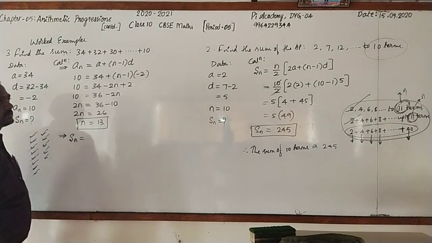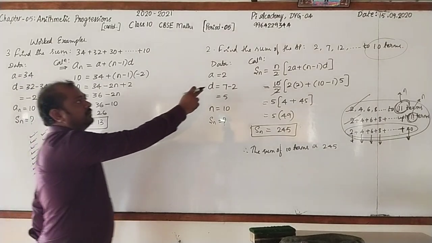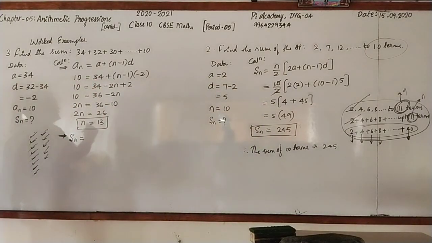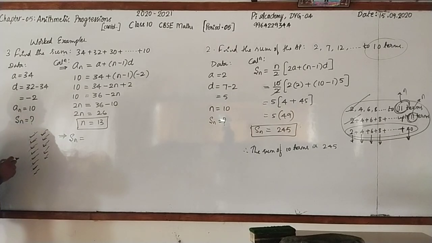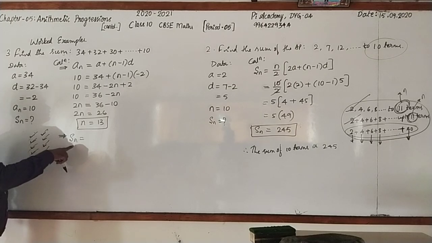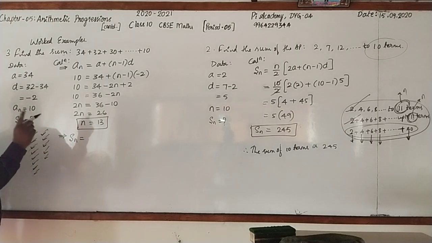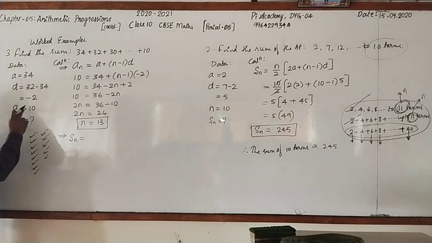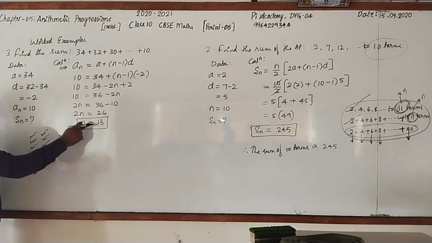We have a formula. The sum is equal to Sn, n by 2 into 2a plus (n minus 1) into d. Is it necessary to use that formula? No. The reason is, we know the last term. I have already told you the formula used to find the sum of n terms of the AP when you know the first term, common difference, last term and number of terms.